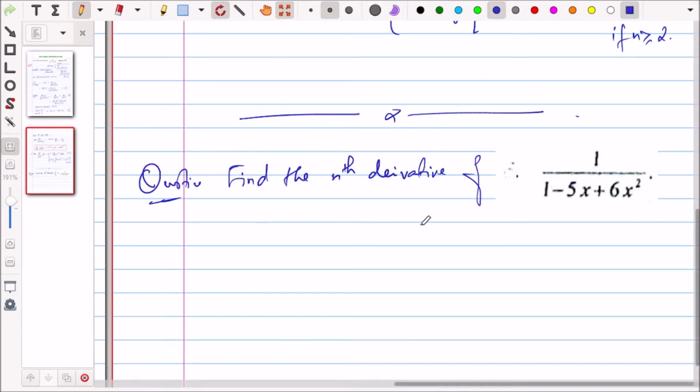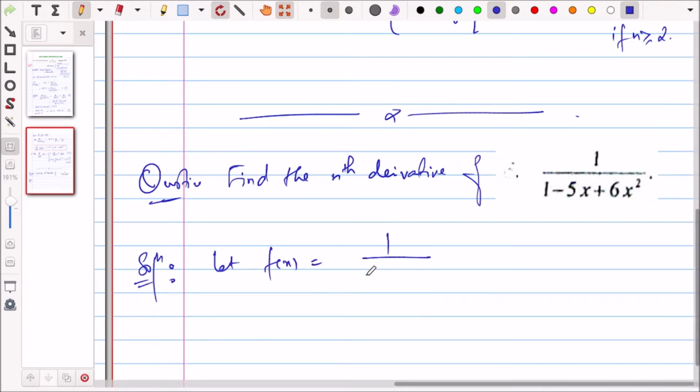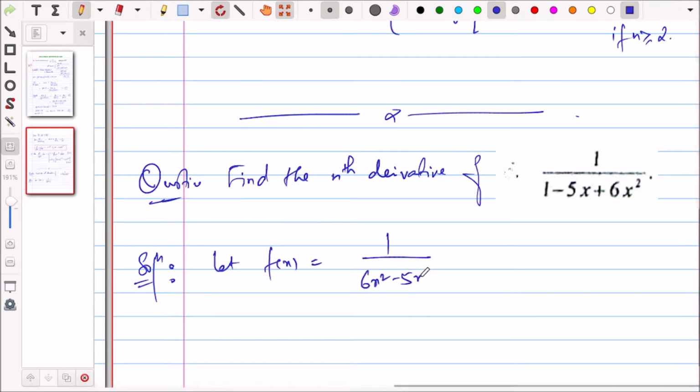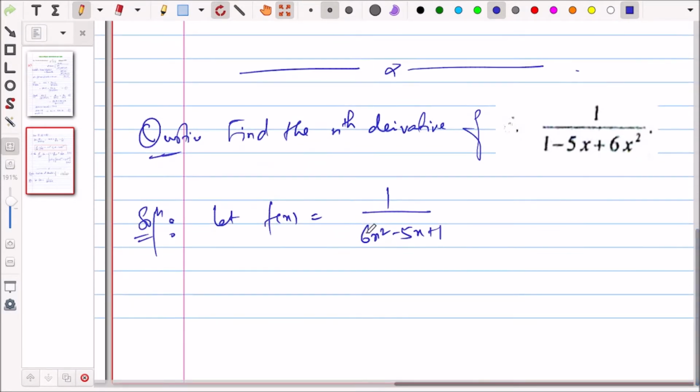So again, what we will do here? Yes. Let fx equal to 1 by 6x square minus 5x plus 1. Yes, fx equal to this. We have taken fx equal to 1 by 6x square minus 5x plus 1. Now, what we will do? We will bring it into that form.